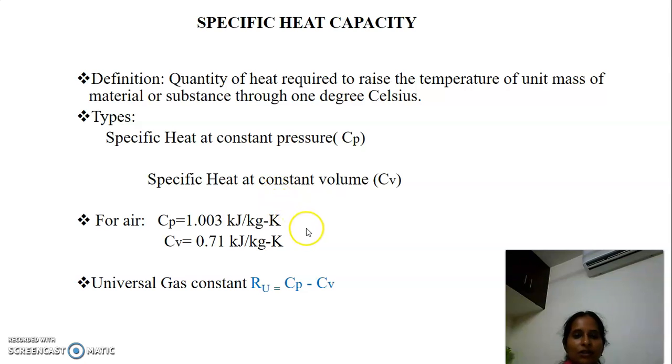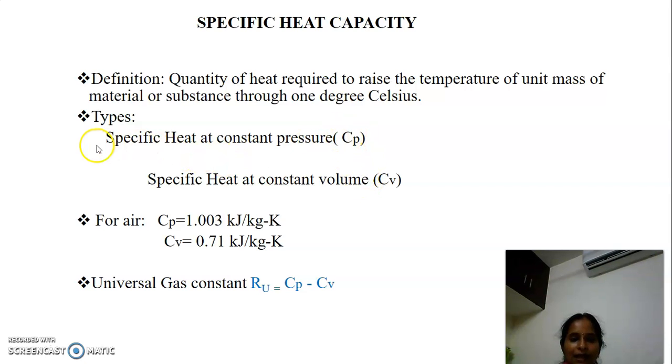Specific heat capacity. By the term itself you can tell it is heat capacity which is specific: the quantity of heat required to raise the temperature of unit mass of material through 1 degree Celsius. If you want to increase the temperature by 1 degree Celsius for 1 kg of water or rice, the amount of heat required is called specific heat capacity.